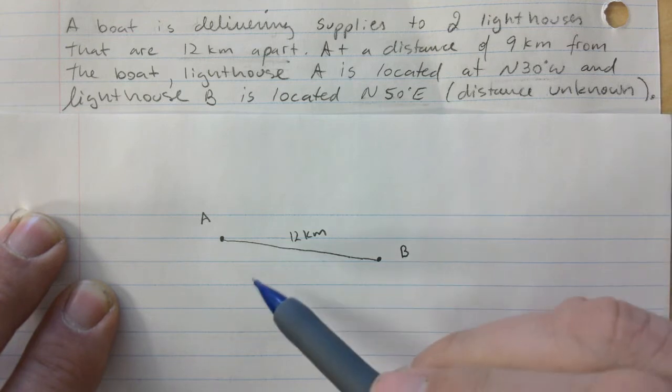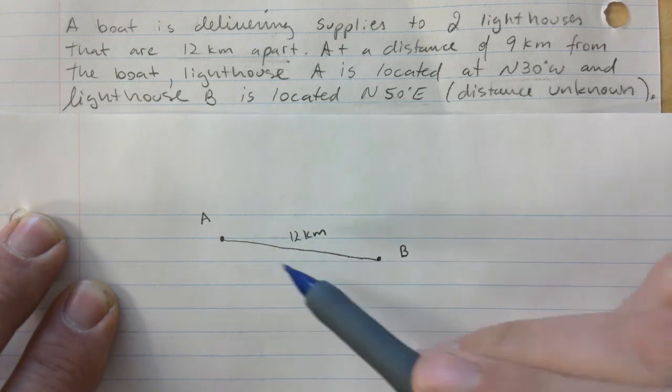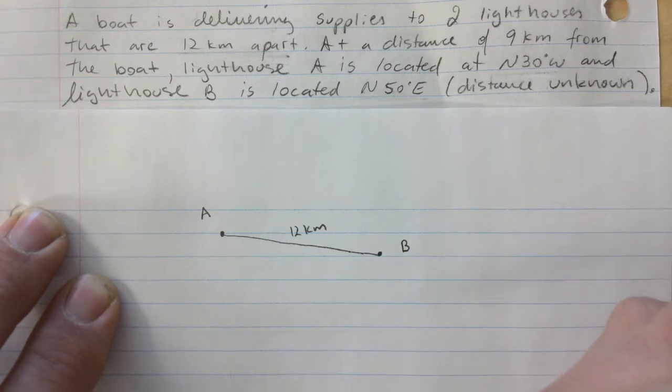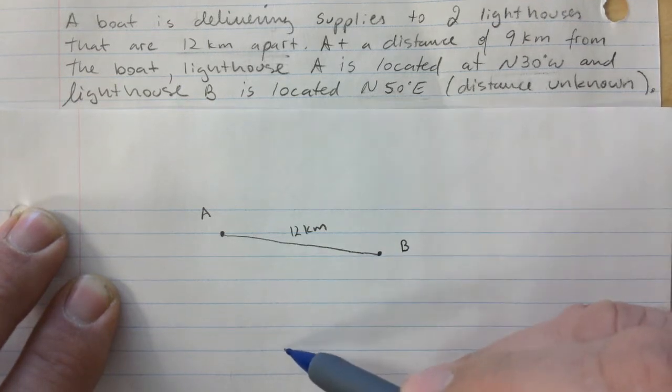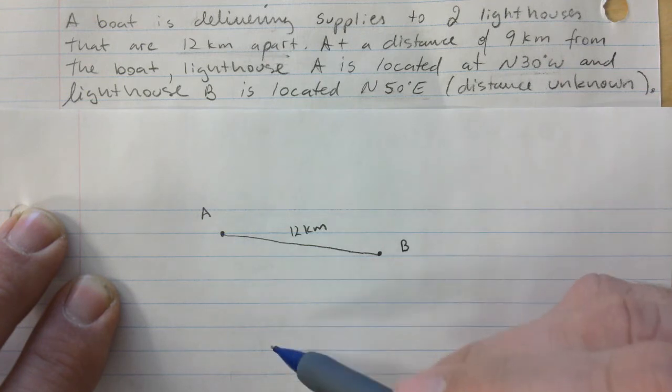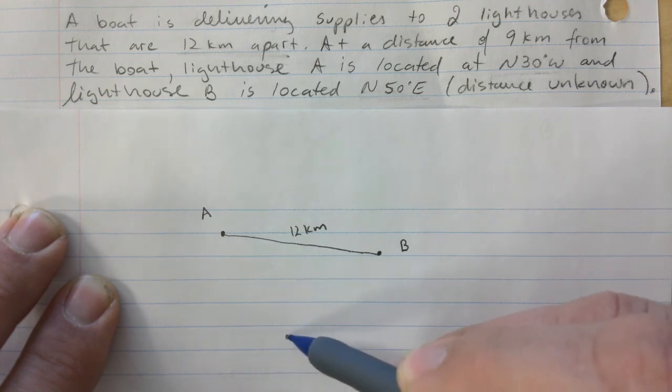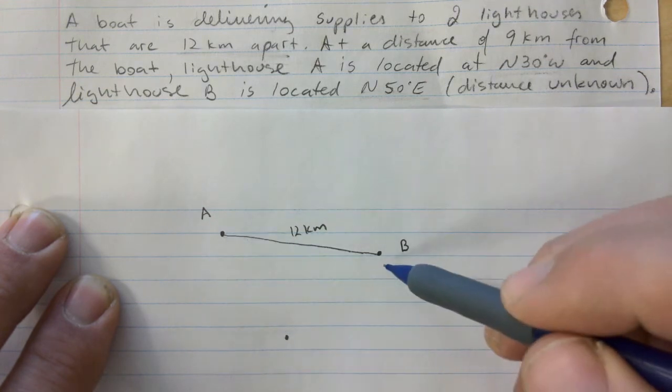So this is the two lighthouses. At a distance of 9 kilometers from the boat, lighthouse A is located north 30 degrees west. So the boat is here, and northwest would be lighthouse A. The boat is somewhere here looking at those two lighthouses.